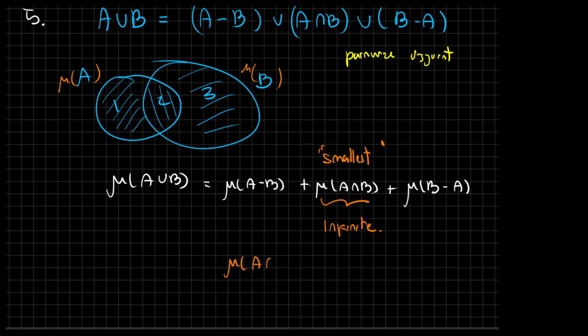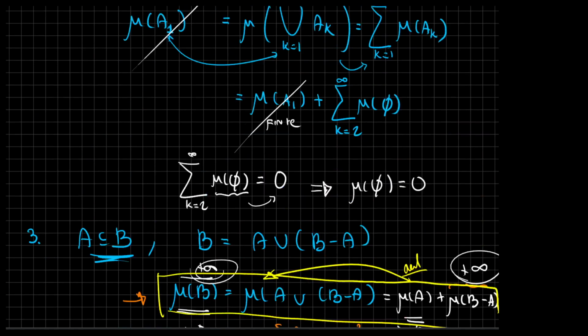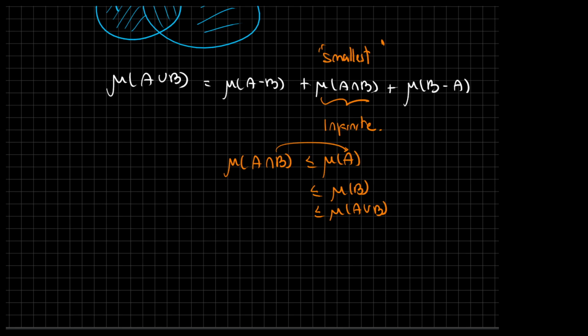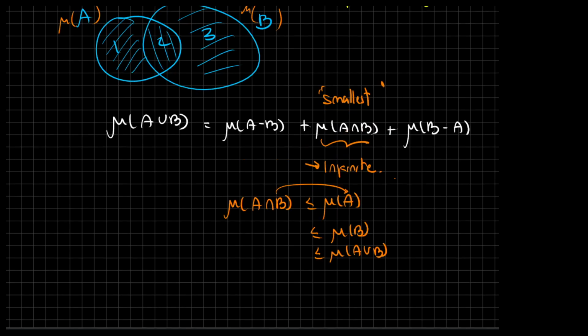Because since this is a subset of this, then this always holds, right? So if this measure is infinite, then the fifth property will be trivially met, because you have infinity plus infinity equal to infinity plus infinity, and that is trivially true. So this case is done.